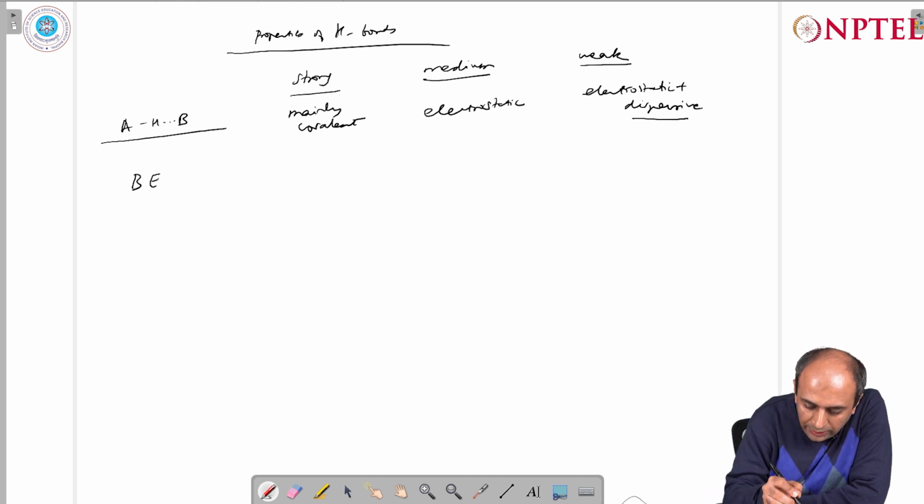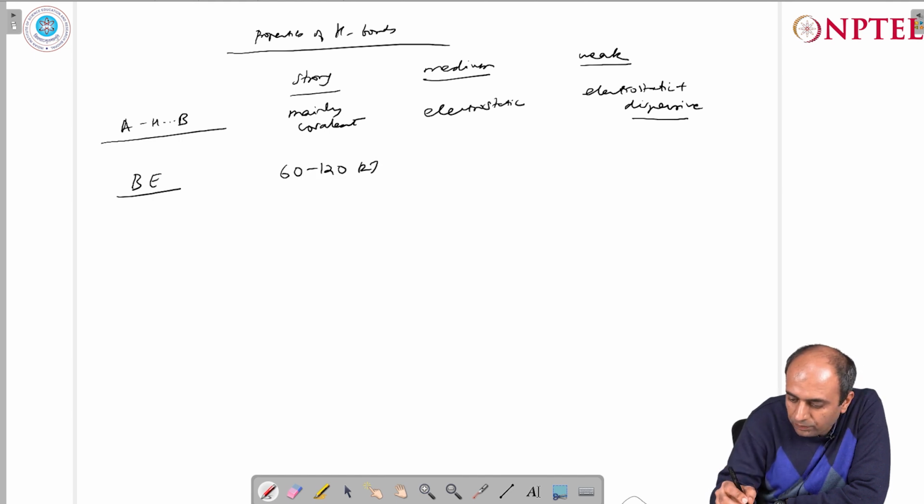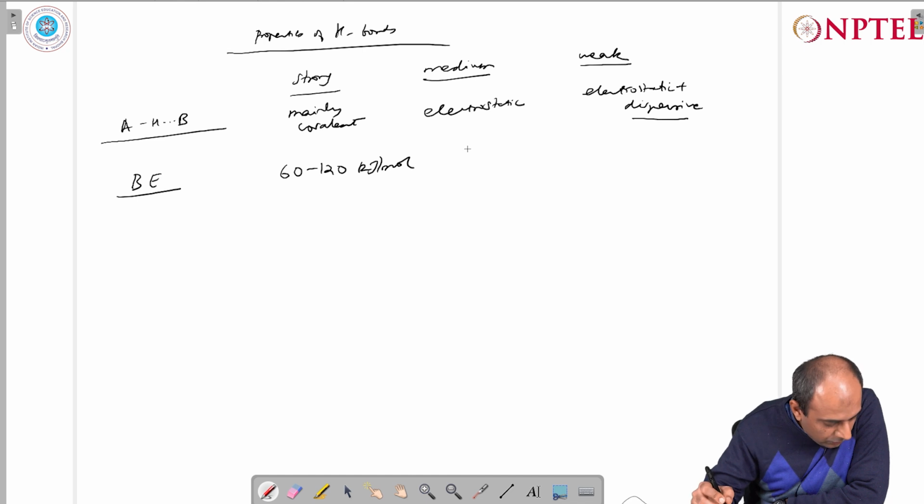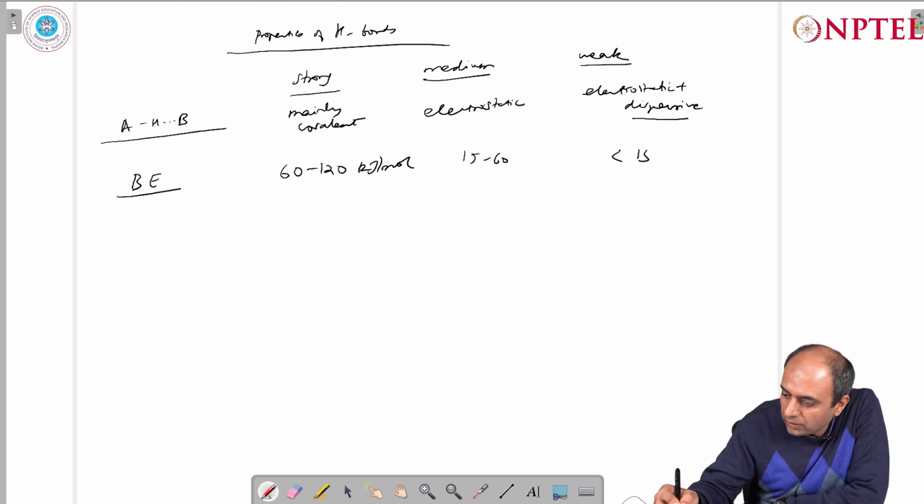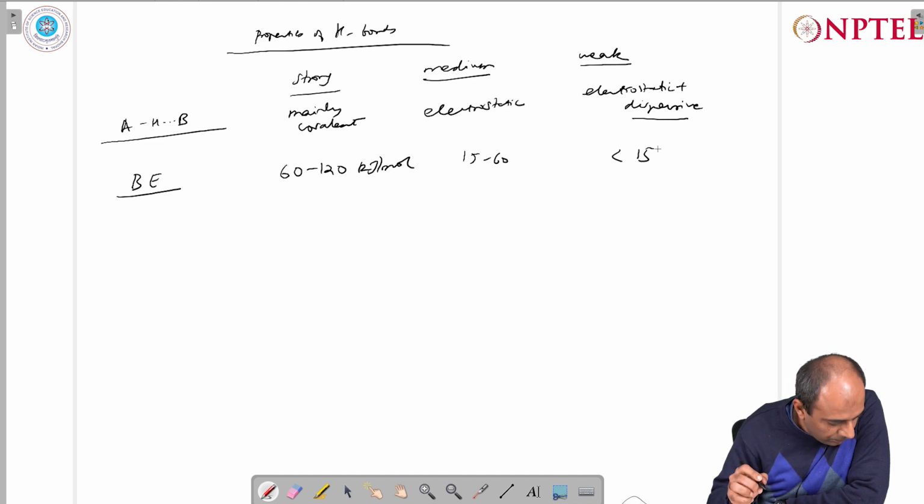Bond dissociation energy, that is for strong hydrogen bonds 60 to 120 kilojoule per mole, whereas for medium it is 15 to 60 kilojoule per mole, and for weak it is less than 15 kilojoule per mole.